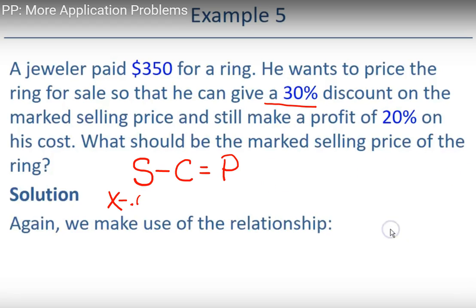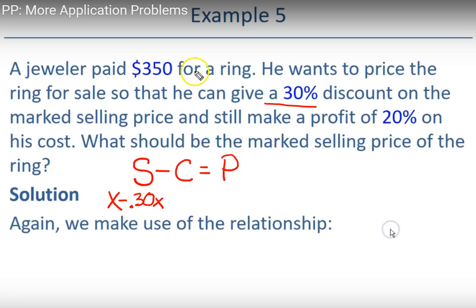Well, this has to be a 3 here. Of this price. So this is the sales price. 30%, we don't know what it's going to be, or X I should say, minus the 30% of X.